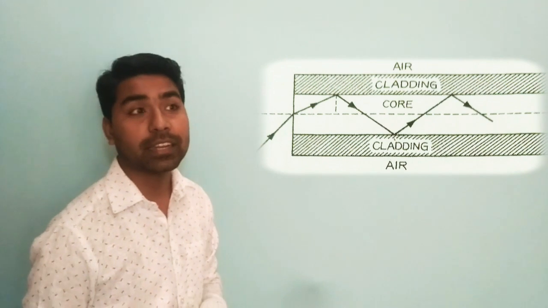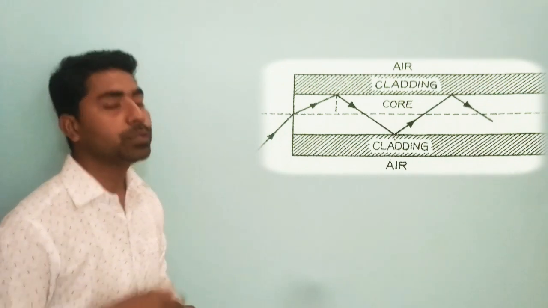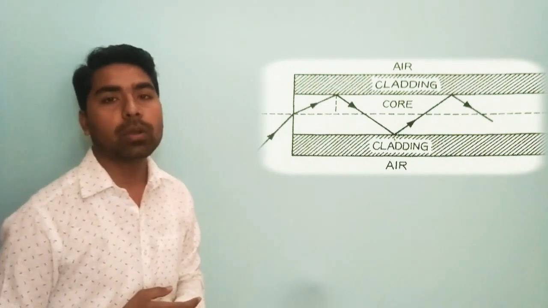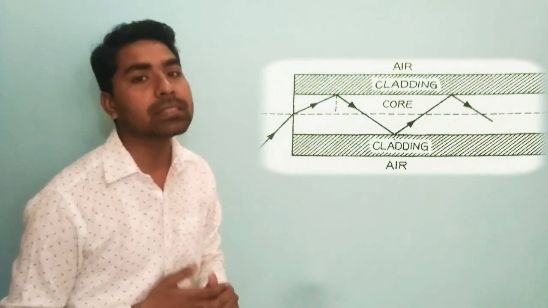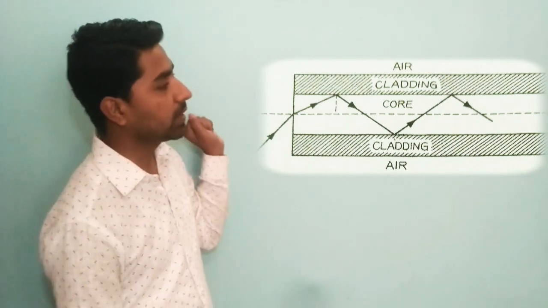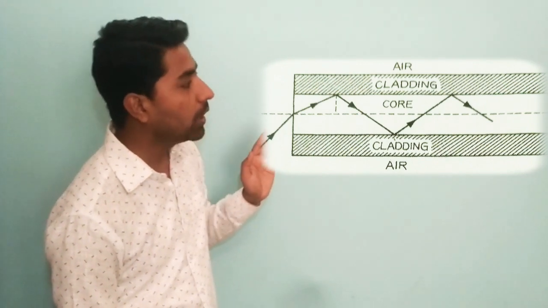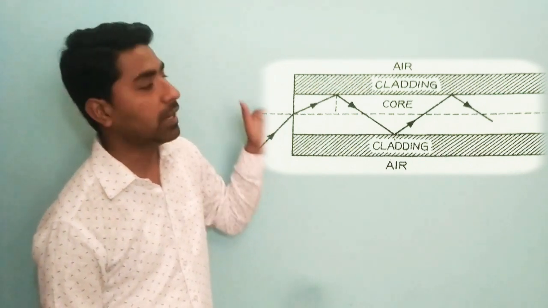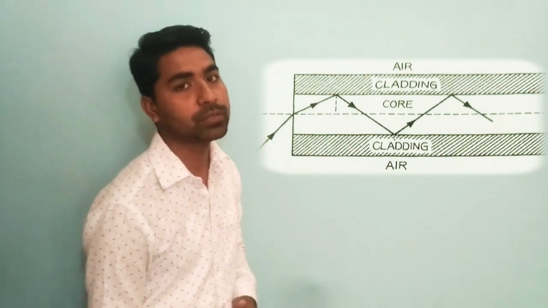The data net, internet are running on these fibers, and this optical fiber is made up of two types of material. One is called core and the second one is called cladding. Core has more density than the cladding. The inner one is core and the outer one is cladding. When the light goes from the core to cladding at a particular angle, it reflects in the same medium, meaning the total internal reflection phenomenon is going on.